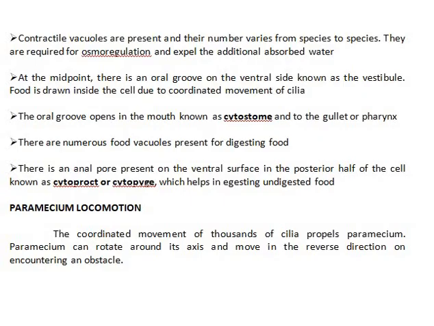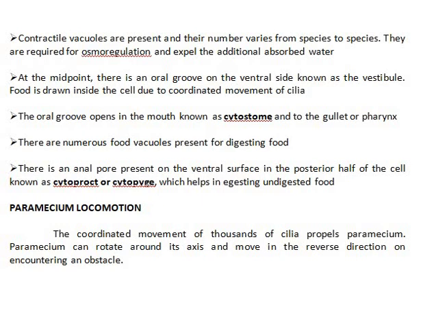There are numerous food vacuoles present for digesting food. There is an anal pore present on the ventral surface in the posterior half of the cell, known as cytoproct or cytopyge, which helps in expelling undigested food material.